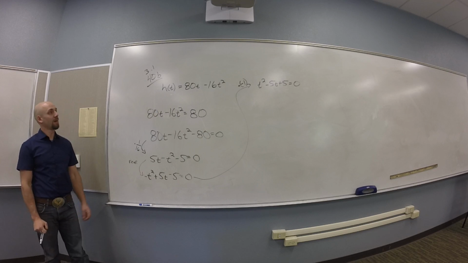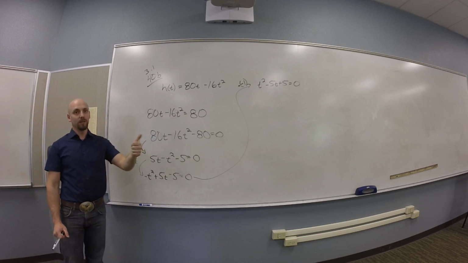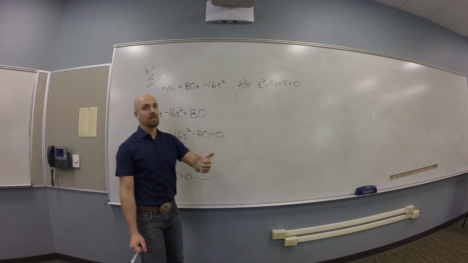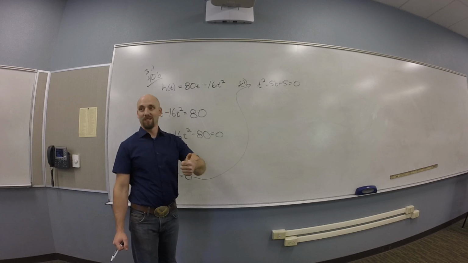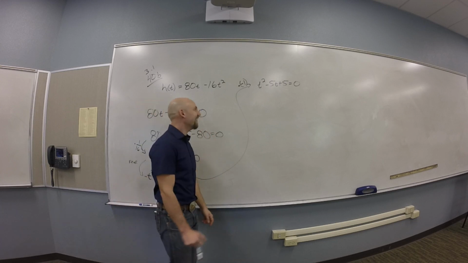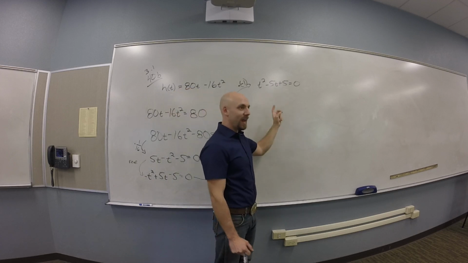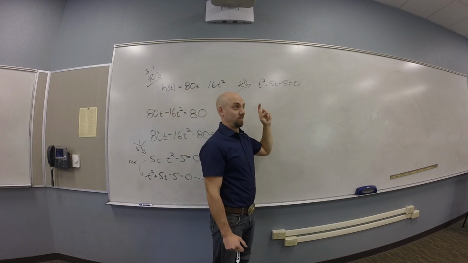You think about your 3 tactics. The first one, can you complete the square? Half of negative 5 is not fun. Next, factor. Can I find two numbers that multiply to 5 and add to negative 5?